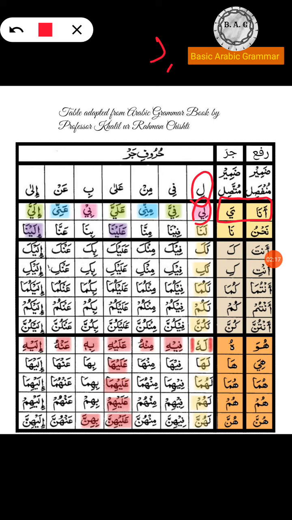Other than these, all the pronouns are attached with this variant. We do not say lina, lika, liki, likuma, so on and so forth. We do not say this. We say lana, laka, laki, lakuma, lakum, lakunna, lahu, laha, lahuma, lahum, lahunna.